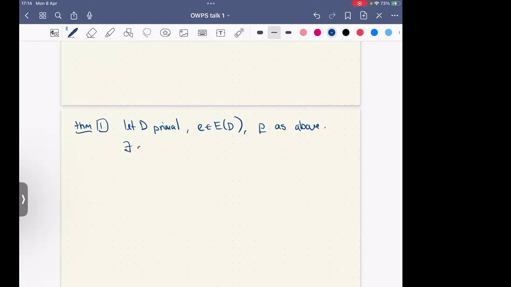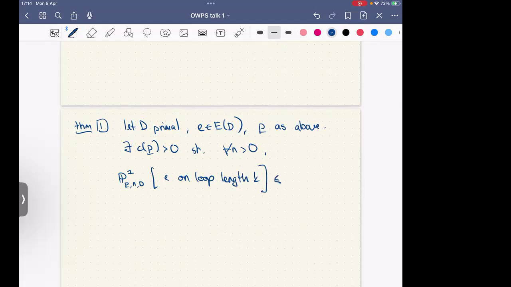Then there exists some constant C, depending on P, greater than 0, such that for all n bigger than 0, and here n doesn't have to be an integer again. So we have the probability that E is on a loop of length k. This is going to be less than C of P n to the minus 1/2 k.